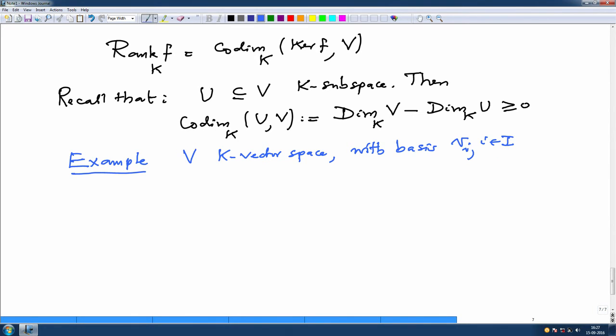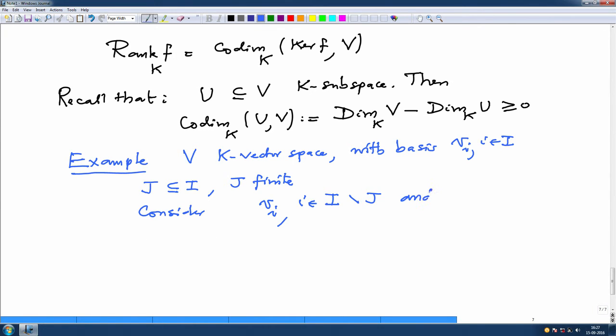Now you fix J, a finite subset of I, and omit J from I. That means you consider the family v_i, where i varies now in I but not in J. So, only finitely many basis elements are not here in this family, namely those which are indexed by J.